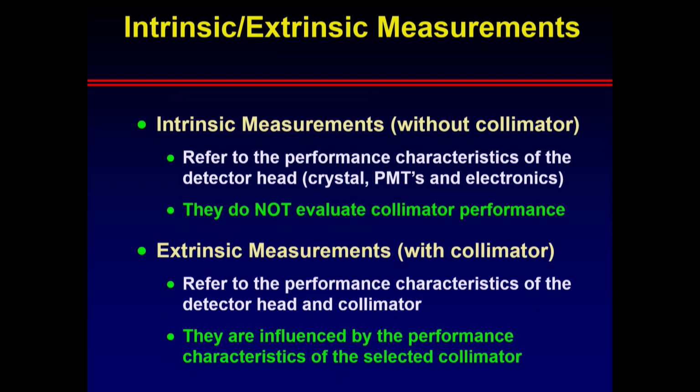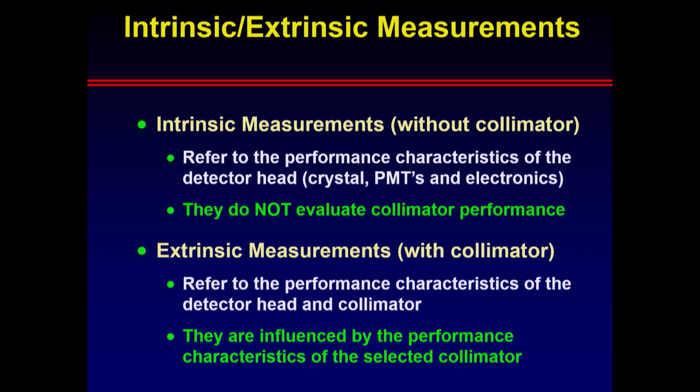Okay, the other thing you have to keep in mind is that when we measure uniformity, we do it with the collimator on and with the collimator off. Okay, so intrinsic measurements are without the collimator. Extrinsic measurements are with the collimator.